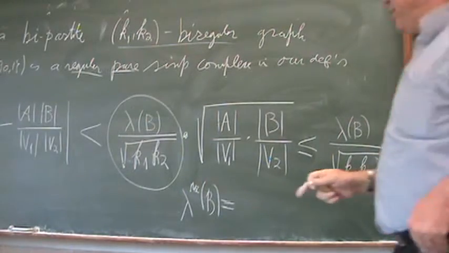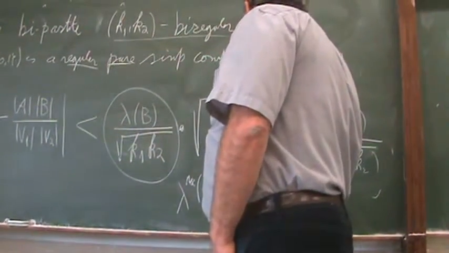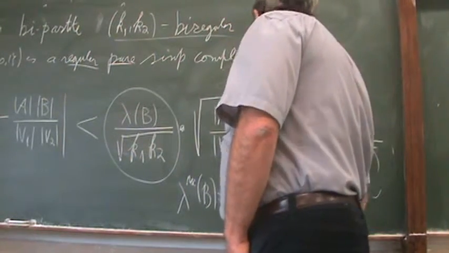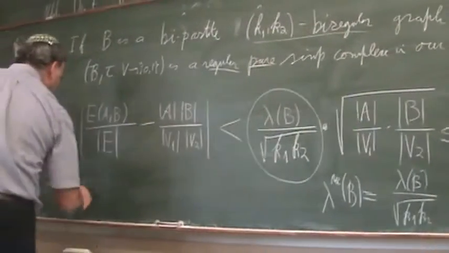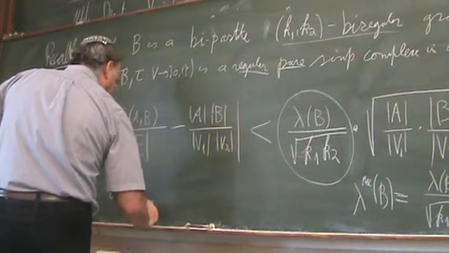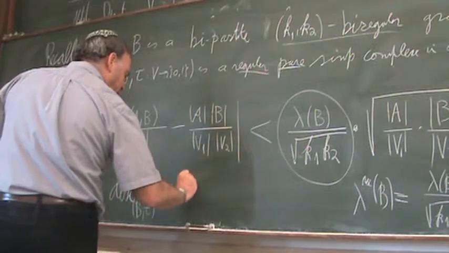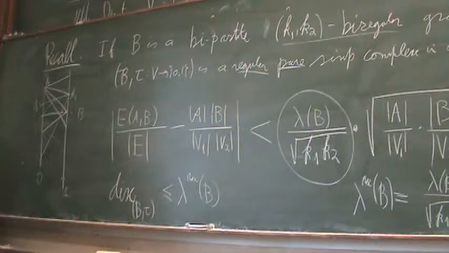If we define lambda normalized of b as what we called before, lambda of b divided by square root of k1, k2, then what we proved here is that the discrepancy of b with respect to this term function is at most lambda normalized of b. That follows from what we proved for the graph.